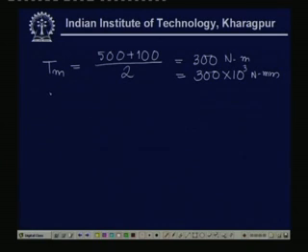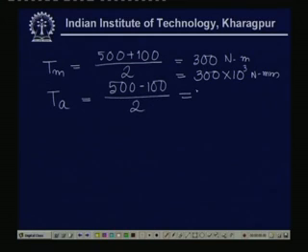In the same way, we can have the torque amplitude Ta, 500 minus 100 divided by 2, and that comes out to be straight away 400 by 2, that means 2 into 10 to the power 5 Newton millimeter. This is very easy, you can understand very nicely.